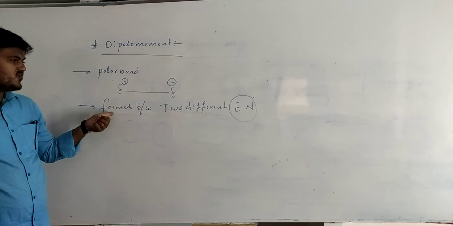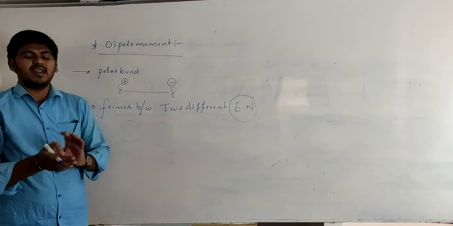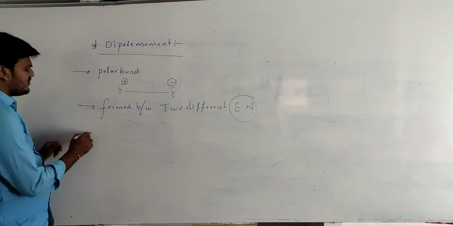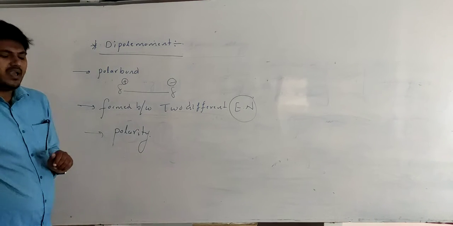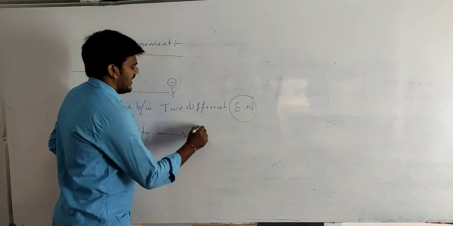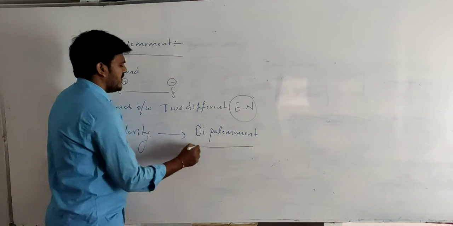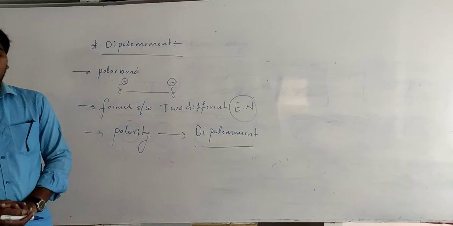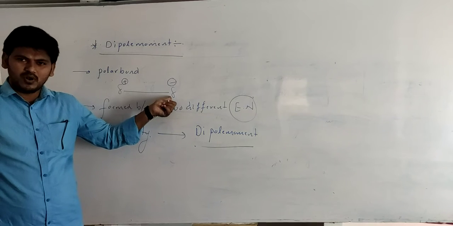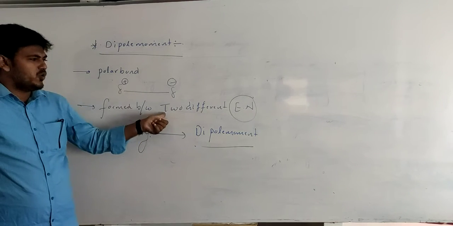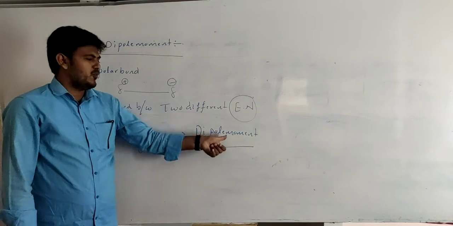And a polar bond is formed between two atoms of different electronegativity. And the polarity of the molecule is expressed by dipole moment.